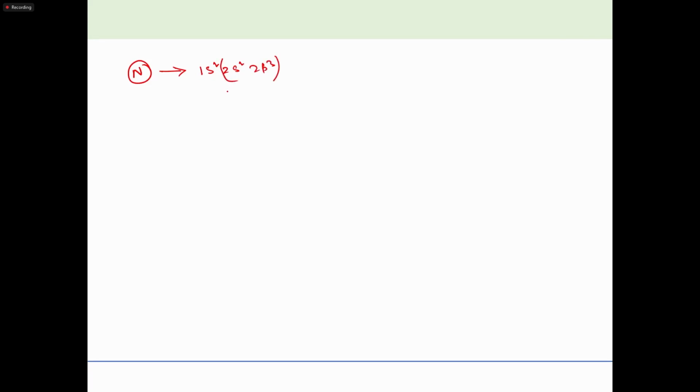The number of valence electrons in this case equals 5. Now the valency equals 8 minus 5 equals 3. So the valency equals 3.